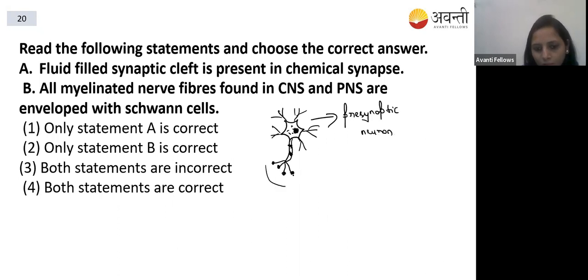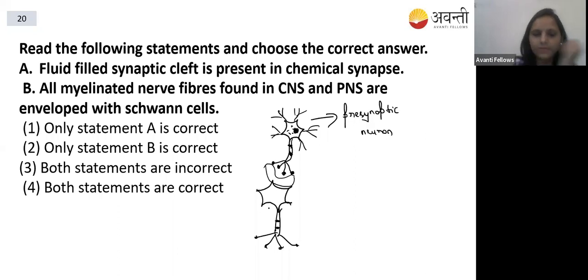Here you can see there is a fluid filled area. There is another neuron that will connect to this. These are dendrites, right?